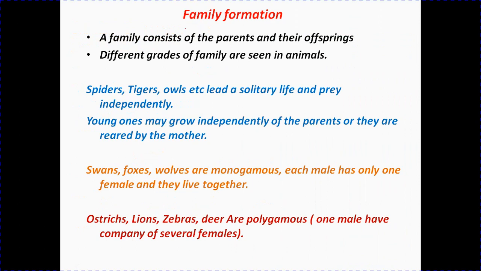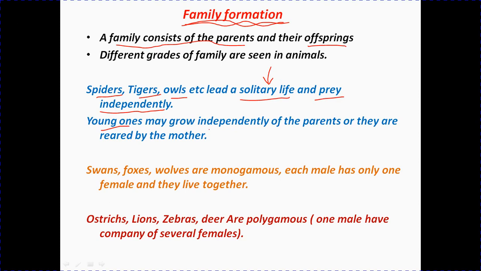Then we have family formation. Animals form families in different ways. A family consists of the parents and the offspring. Some, like spiders, tigers, and owls, lead a solitary life, and they prey independently.